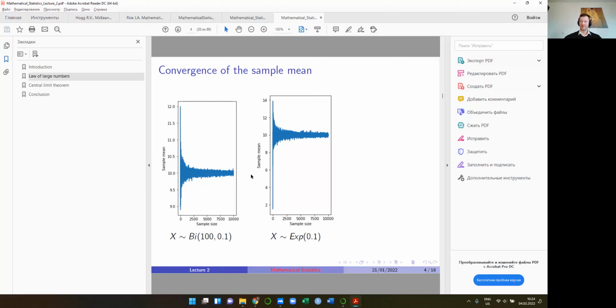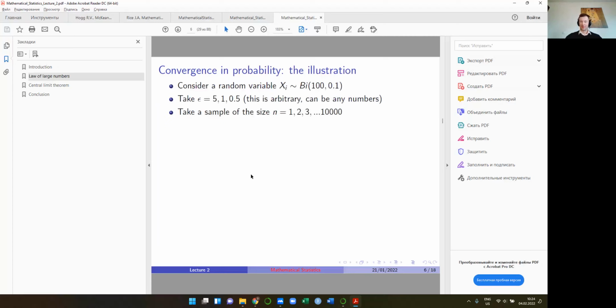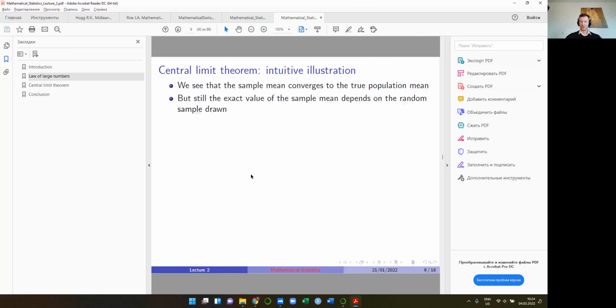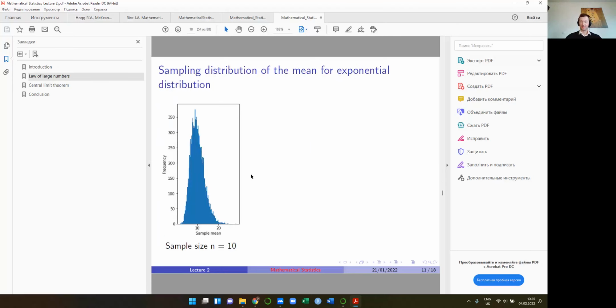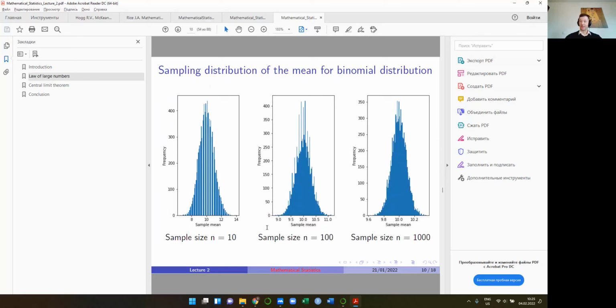That's it. And we also know that the distribution of our shots is going to narrow down as we come closer. Coming closer means that we collect a large enough sample size.